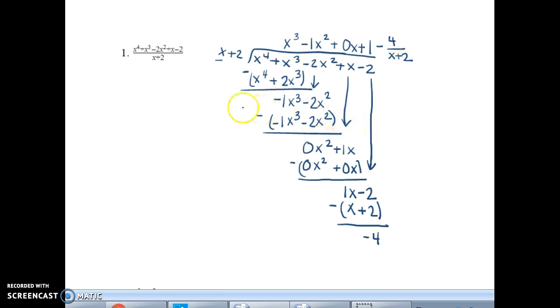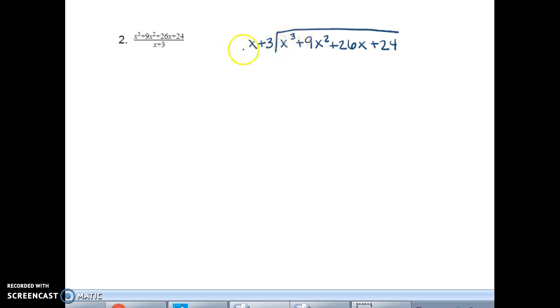That is how you do the first example in this video. The next example in this video, again, asks us to divide. So we're going to divide the x cubed plus 9x squared plus 26x plus 24 by x plus 3.